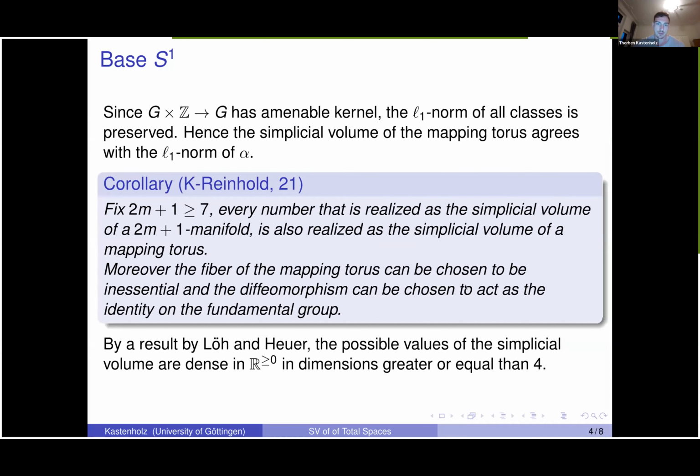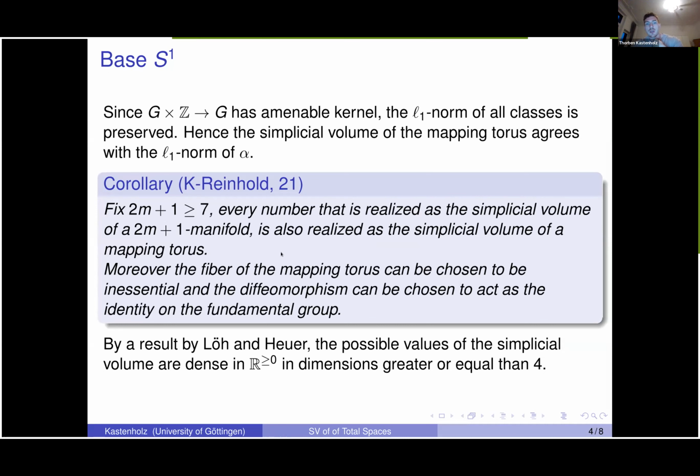And this is, at least to me, quite surprising, because the general theme is that the simplicial volume and its cousin bounded cohomology only see the fundamental group. And it's somehow always tied to the fundamental group, and everything else is somehow not relevant for the simplicial volume or the bounded cohomology.